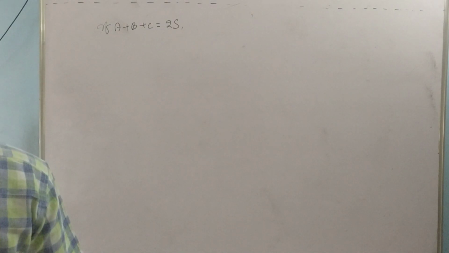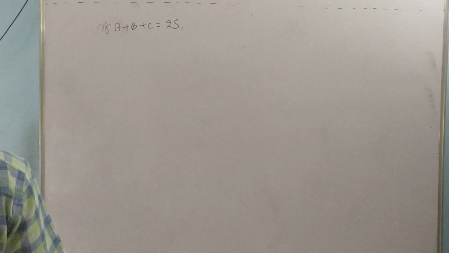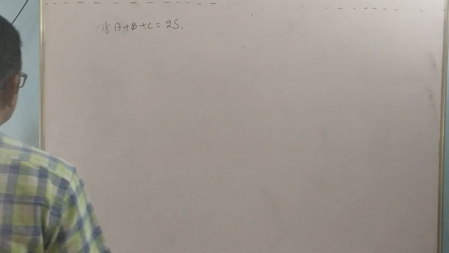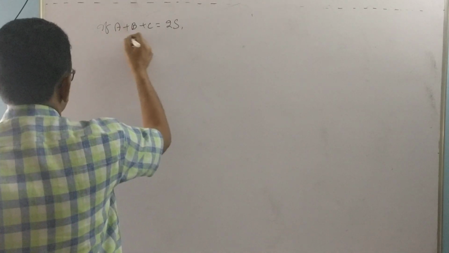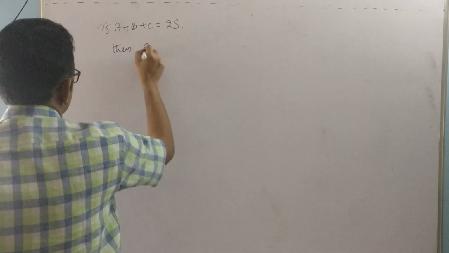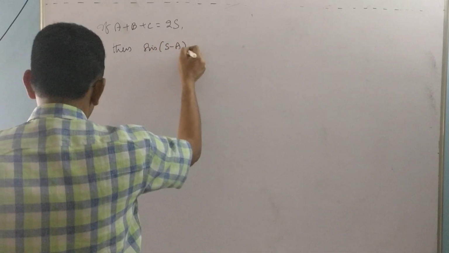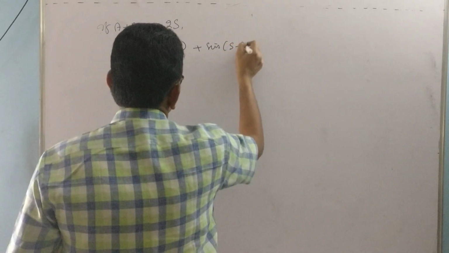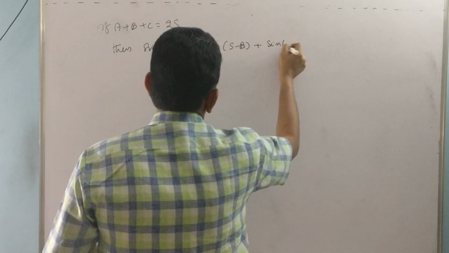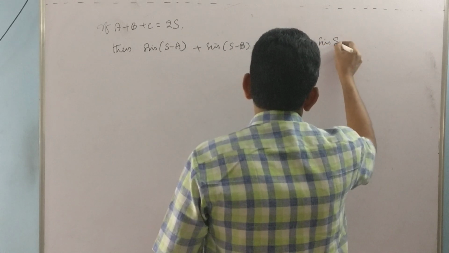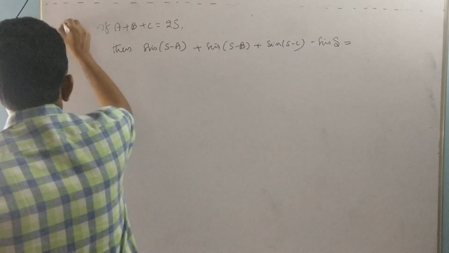Next one. Same model questions. If a plus b plus c is equal to 2s, then sin of s minus a plus sin of s minus b plus sin of s minus c minus sin s is equal to, just you have to prove these two results.